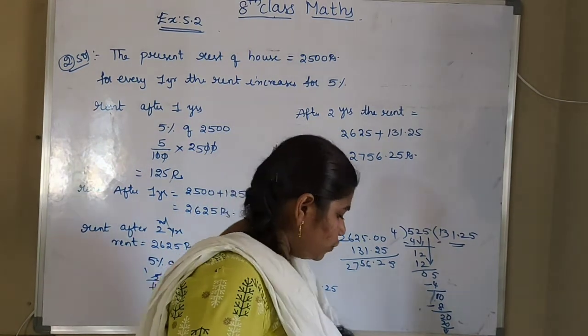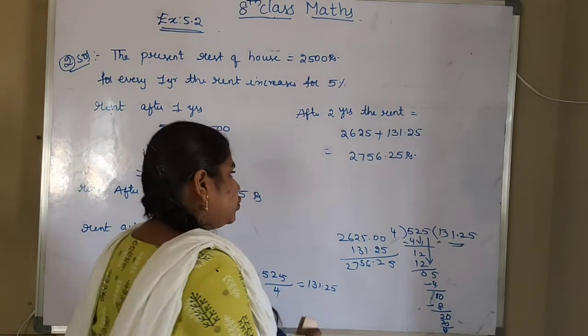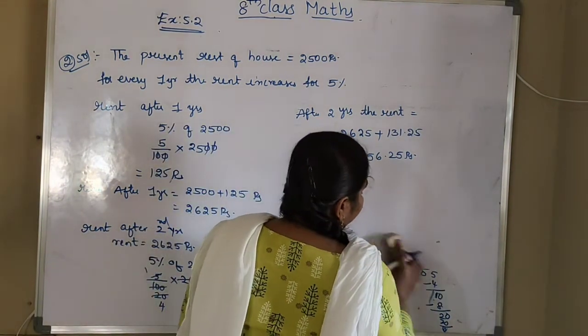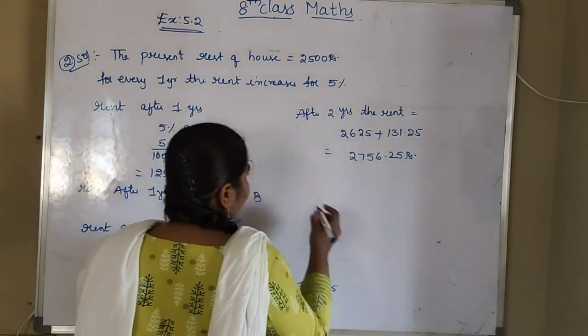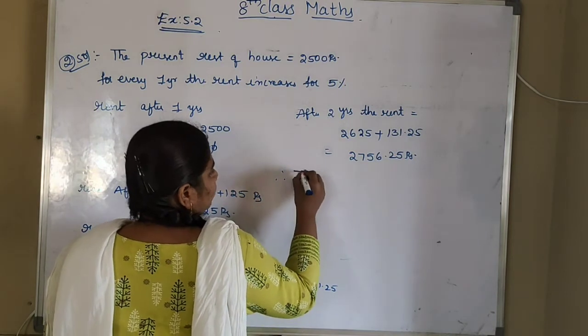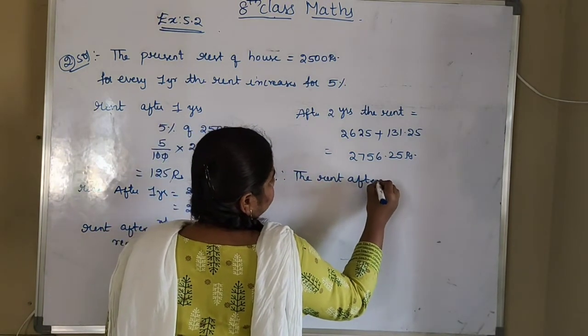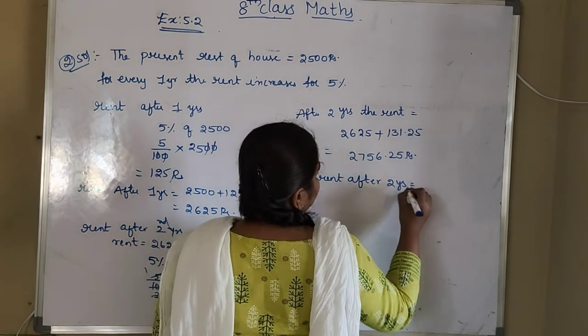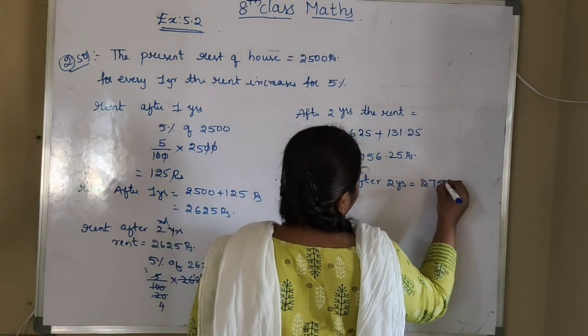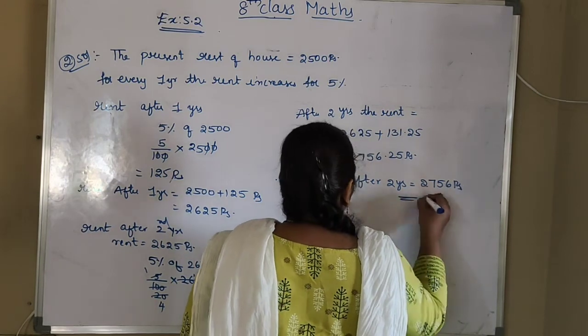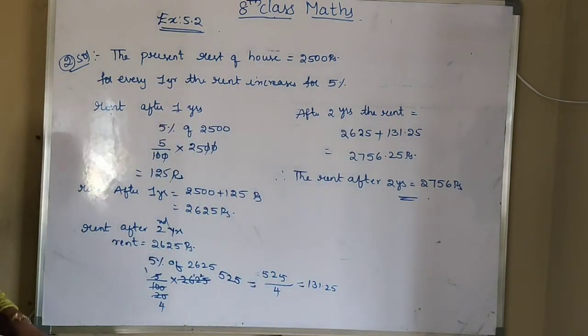That means after 2 years the rent has been increased to 2756. Therefore the rent after 2 years is how much? 2756 rupees. So this is our second solution.